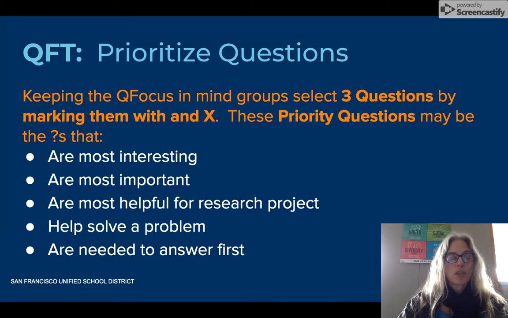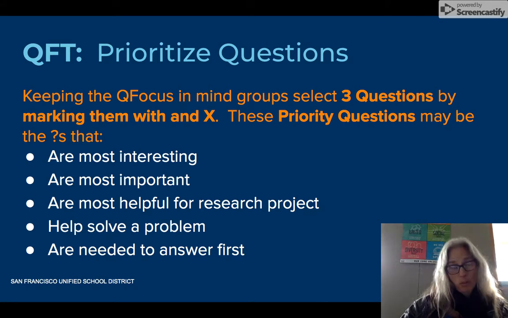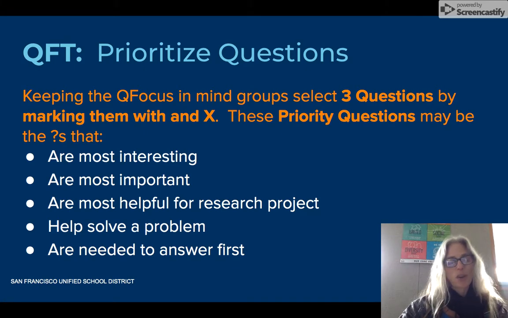The next part you're going to have your students do, and you will do right now, is to ask, what method will you and your group use to ensure that everyone participates in selecting priority questions? How might your group determine this? You're going to pause the recording now and do this priority selection with your group right now.